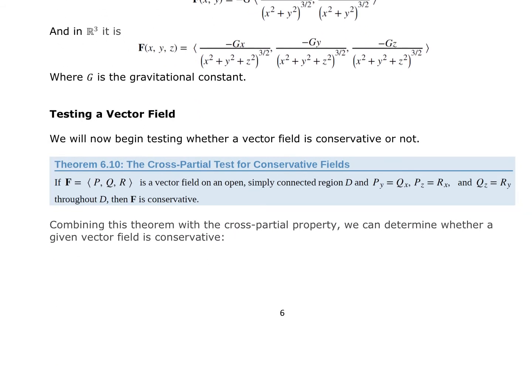Now we're going to determine whether or not the vector field is conservative. So we have this theorem that says the cross partial test for conservative fields is thus. If you have P, Q, and R in the positions x, y, and z, this is a vector field on an open, simply connected region D. Then, if P sub y is equal to Q sub x, and P sub z is equal to R sub x, and Q sub z is equal to R sub y, throughout all of D, then F is conservative.